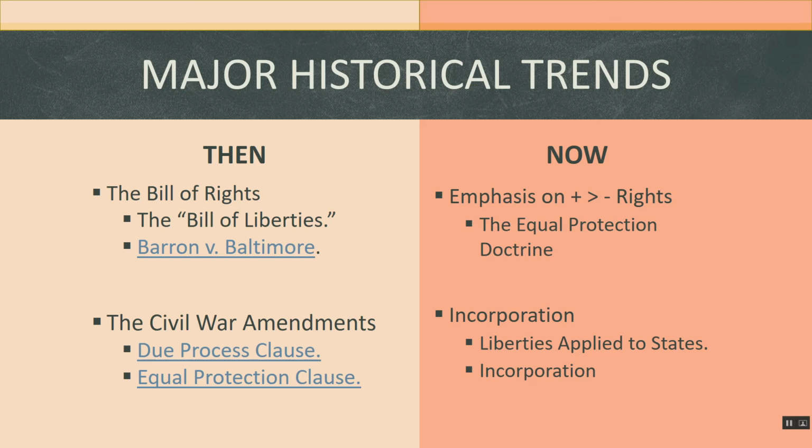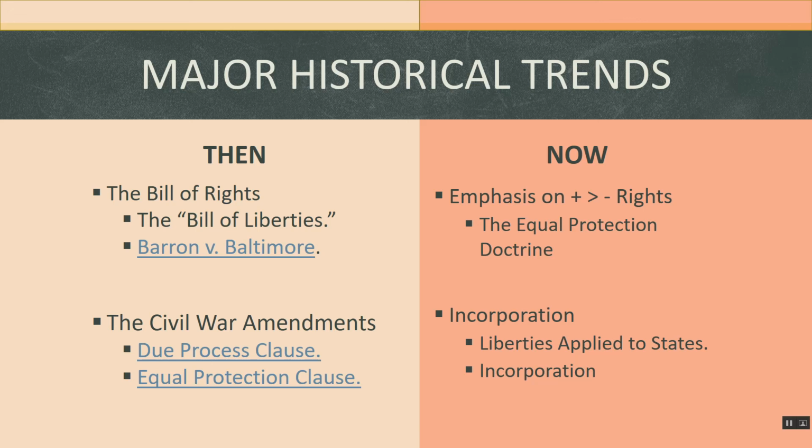Well, today, it's no longer true that states are able to do things like require people to baptize their children. Why not? Because the Supreme Court, starting with a ruling in the case of Barron versus Baltimore, has gradually incorporated the Bill of Rights, or fundamental freedoms of religion, speech, and the freedom to keep and bear arms against the states.